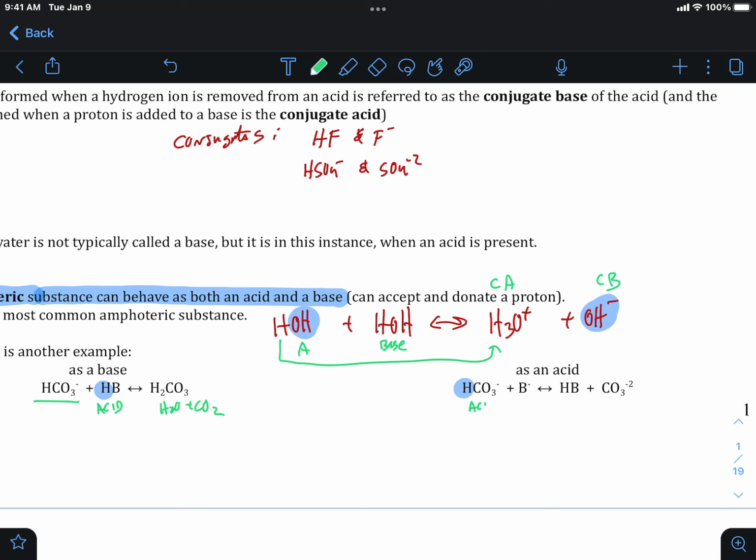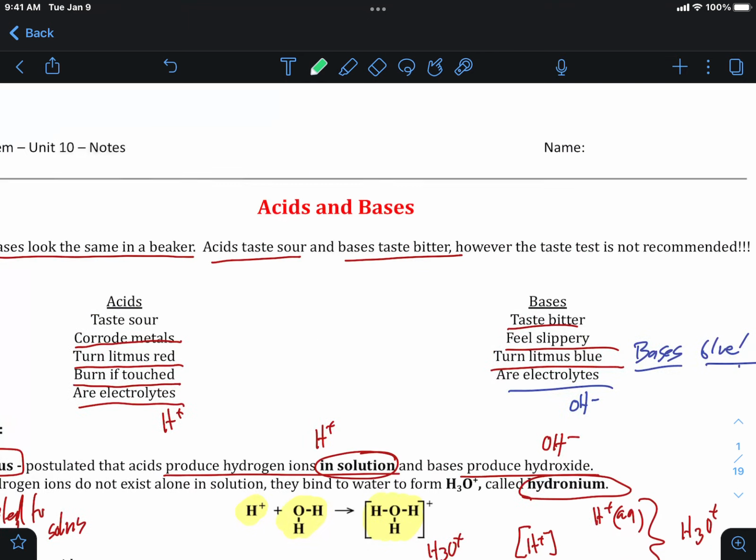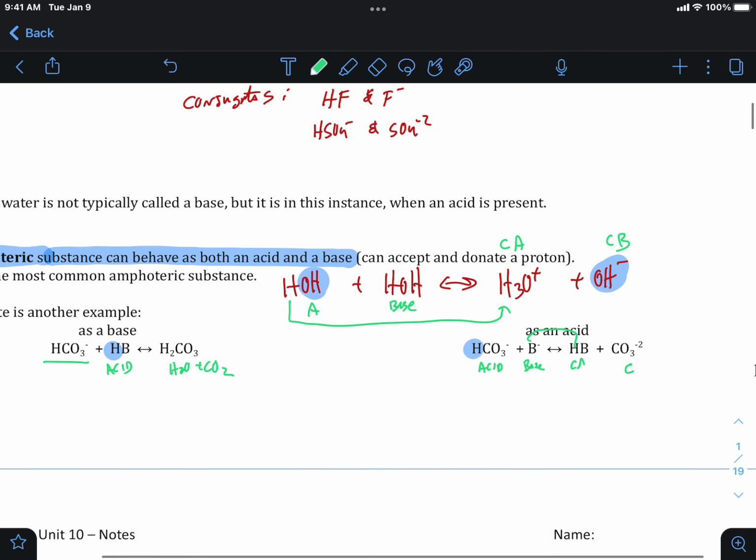So it would act as the acid, and we would end up forming the conjugate base. Sorry.